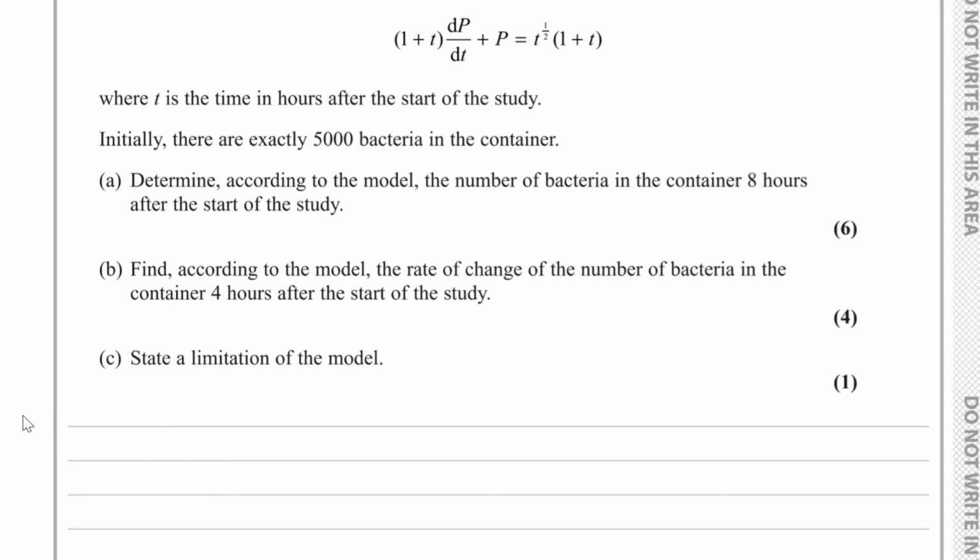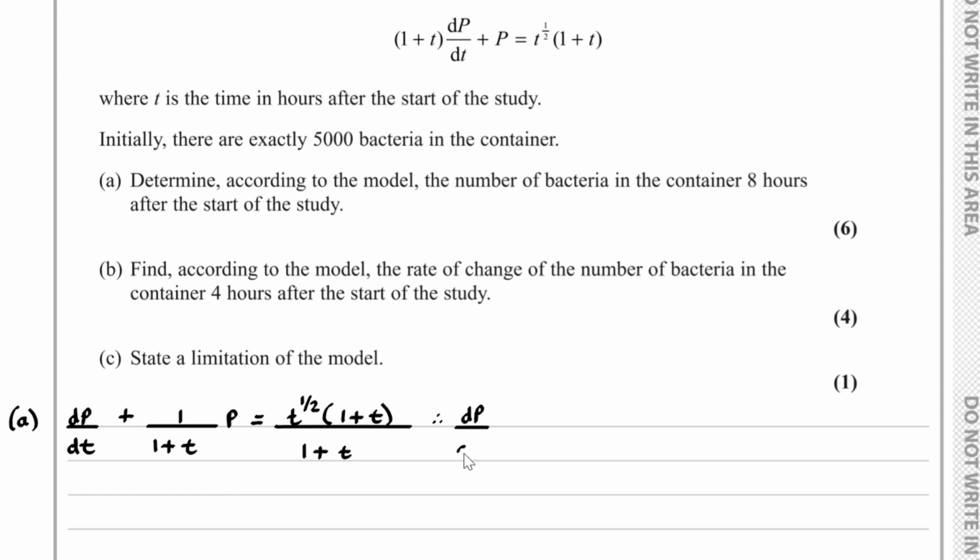So, for part A, we have dp divided by dt plus 1 over 1 plus t lots of p, and this will equal t to the half lots of 1 plus t divided by 1 plus t.